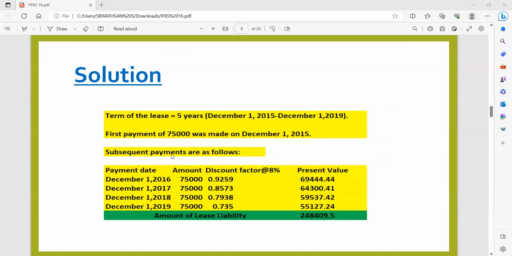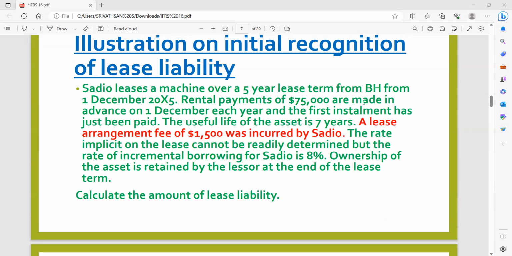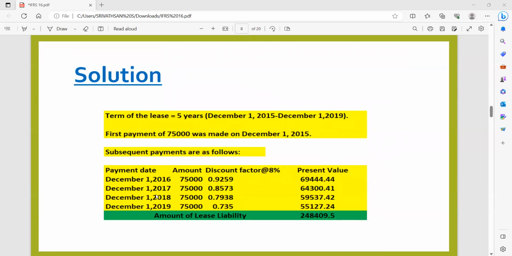The first payment is made on 1st December 2015. The second payment is on December 1, 2016, December 1, 2017, 18, 19, and the amount is 75,000. So on the 1st December of each year, we are paying 75,000.